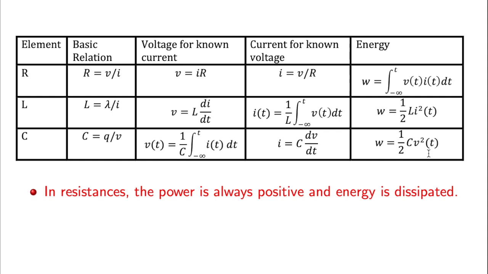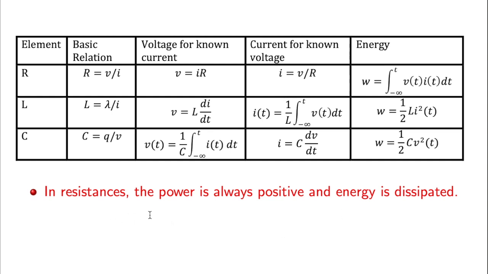We summed up previously that the inductor has the energy half Li square, and the capacitor has the energy half CV square. But the expression for the resistance was not highlighted as such, but the resistance is always absorbing power. So V into I is positive. When translating that into energy, it suggests that it is always dissipating the energy.